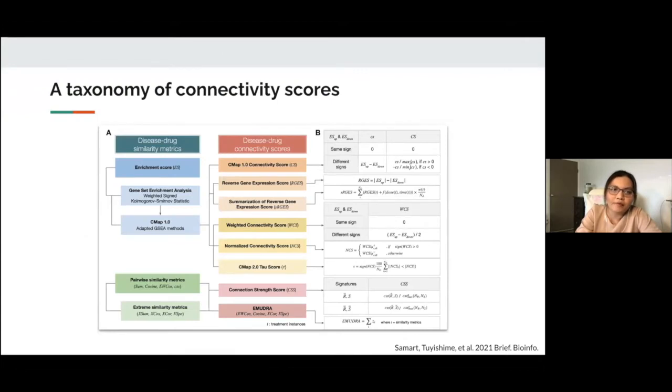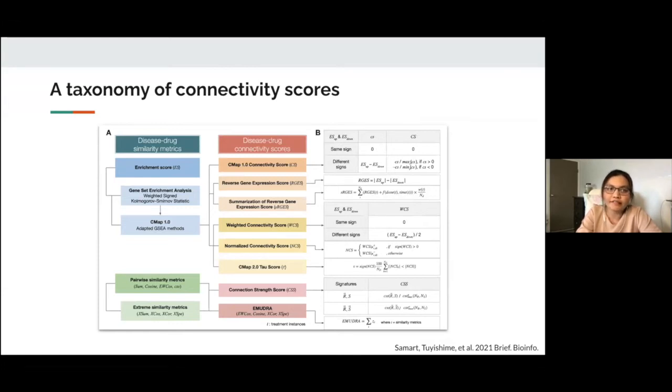And we realized this effort can be very helpful, not just for us doing a computational drug repurposing project, but for the community of computational drug repurposing researchers, if we redefine all of this and publish the work.